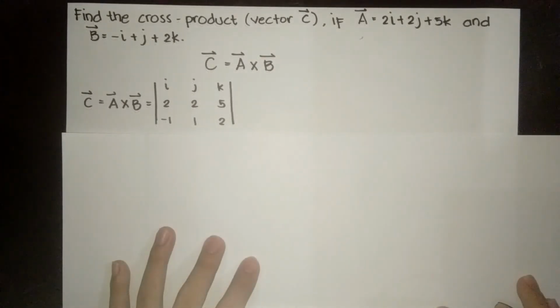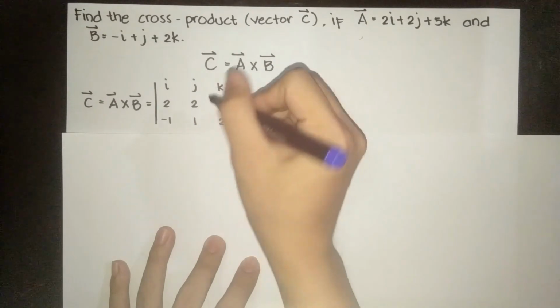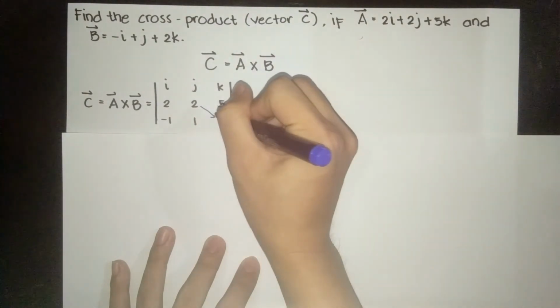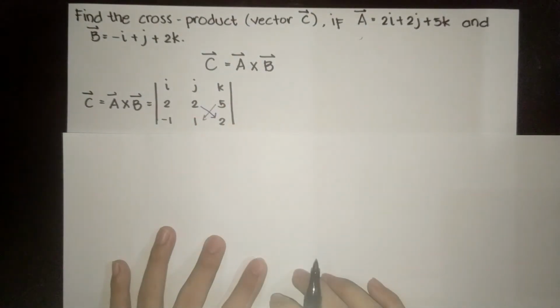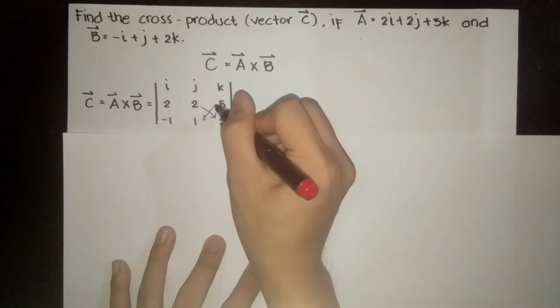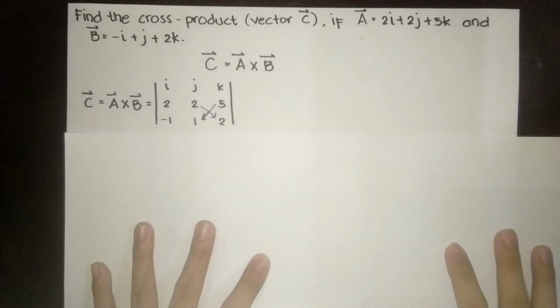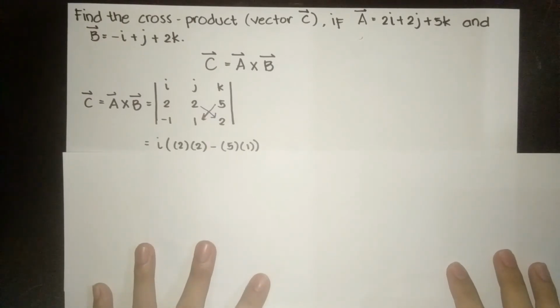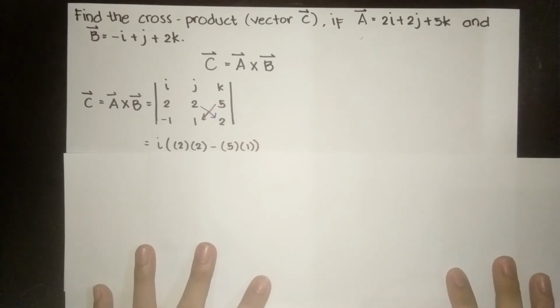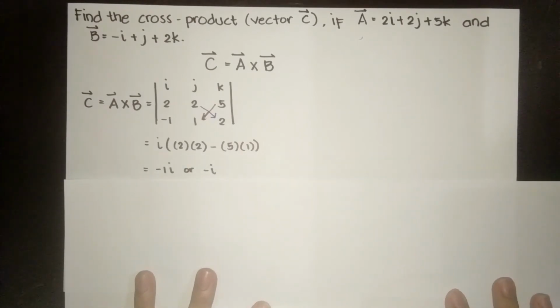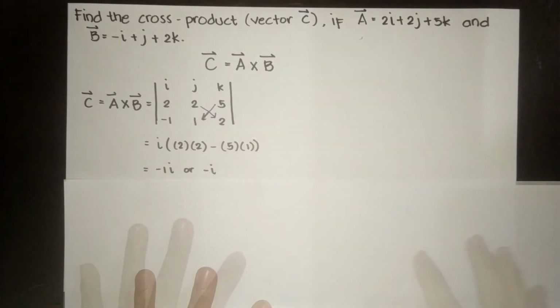And now, let's find the components of i. Let's cross multiply the second row of j to the third row of k, minus the product of the second row of k to the third row of j. And that gives us i times the product of 2 times 2 minus the product of 5 times 1, which is equal to negative 1i, or negative i.